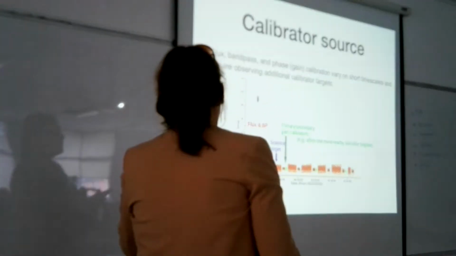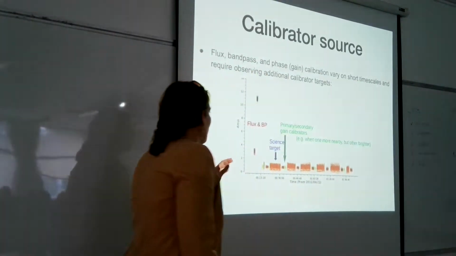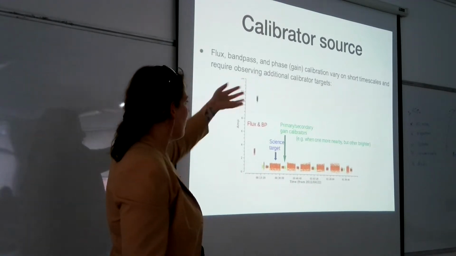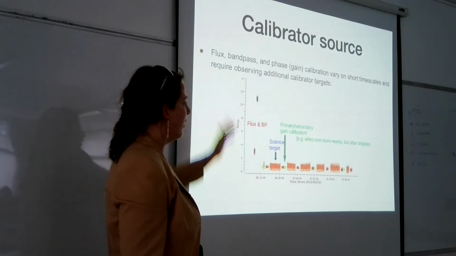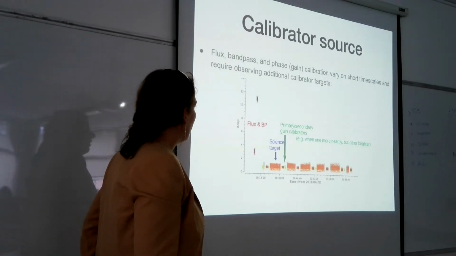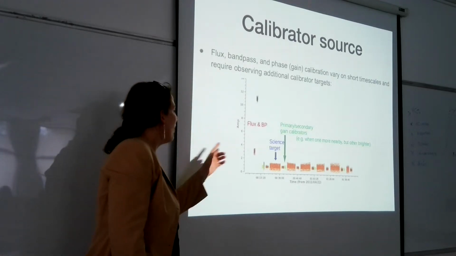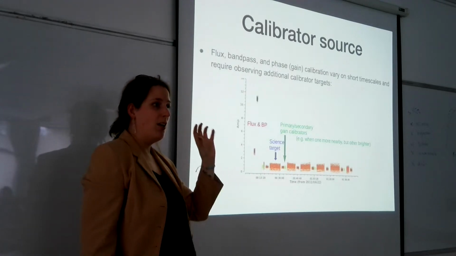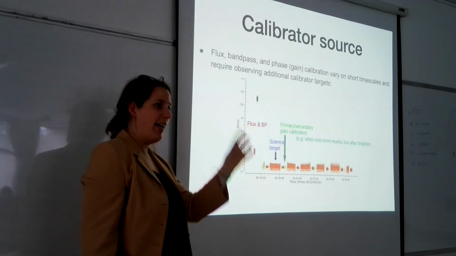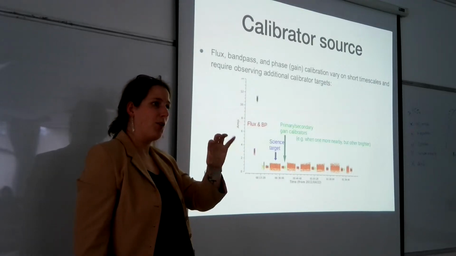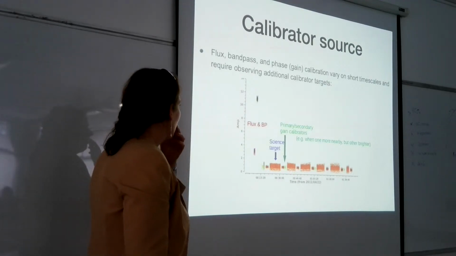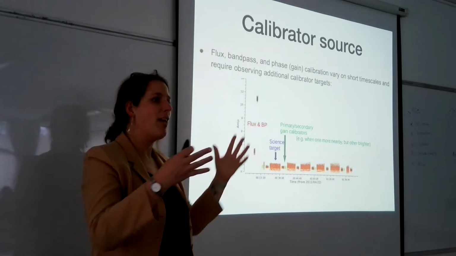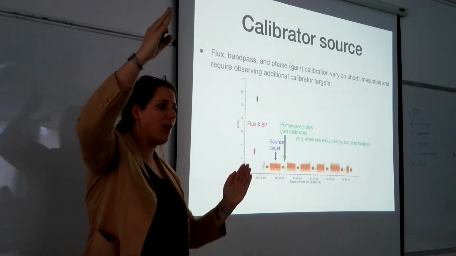So now we get to the calibration on the science observation itself. These are the things that you may have to deal with in practice sometimes. I already mentioned you have to do flux calibration, so you want to know what your electric signal corresponds to in terms of your radio signal. You have a bandpass calibration, which is kind of the same thing, but as a function of frequency.